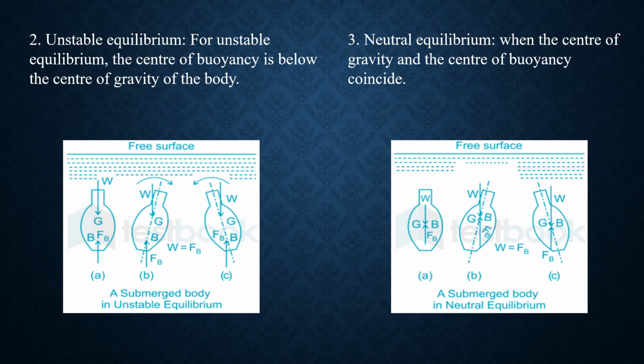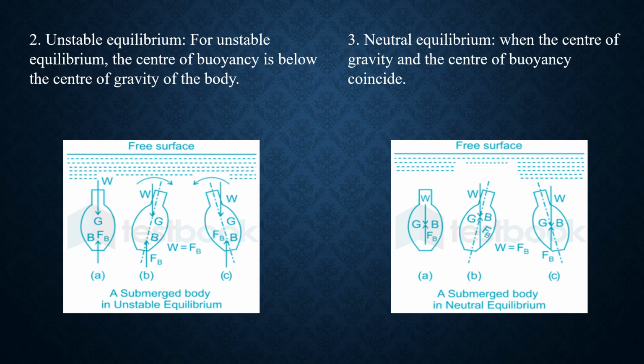In case of stability of a floating body, there are three conditions: first stable, second unstable, third neutral. In case of a floating body, we consider the metacenter. If the metacenter is above the center of gravity, then stable equilibrium. If the metacenter is below the center of gravity, then unstable equilibrium. If the metacenter coincides with the center of gravity, then neutral equilibrium.